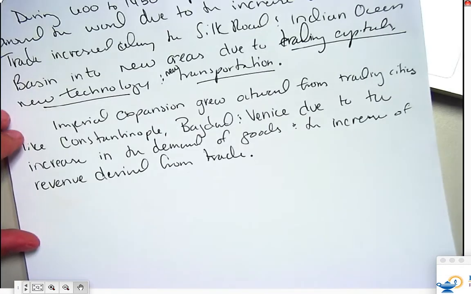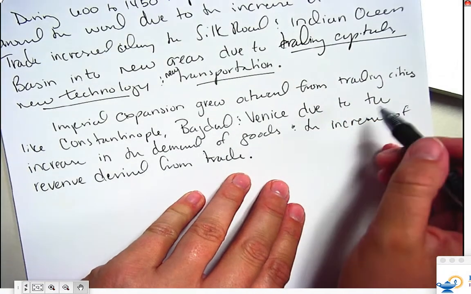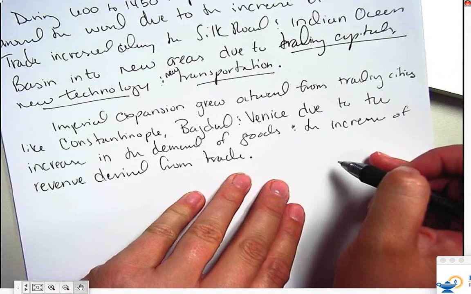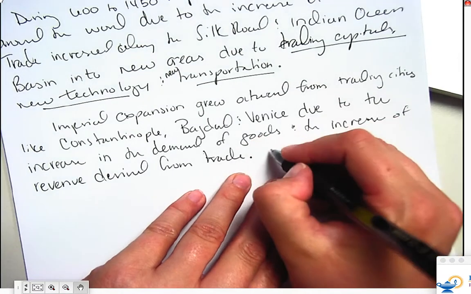Okay, so we've just explained. Imperial expansion grew outward from trading cities like Constantinople, Baghdad, and Venice due to the increase of demand in goods and the increase of revenue derived from trade.